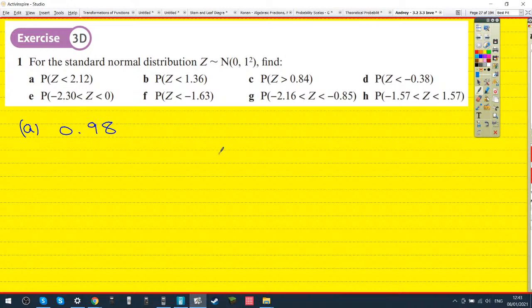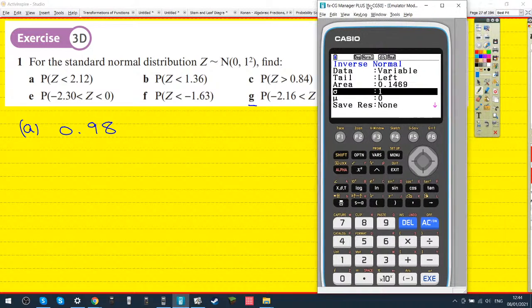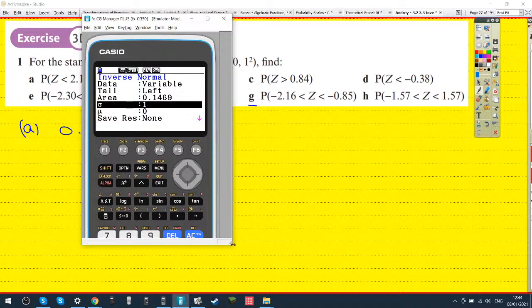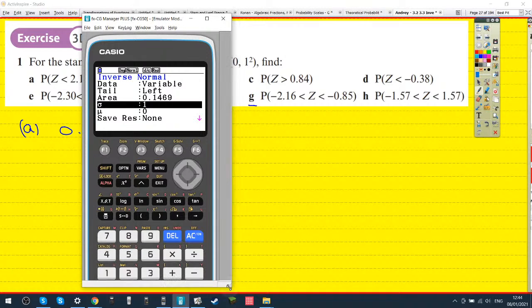You could, if... let's look at G. Let's do G instead. You could do it in 2 separate goes, and if you didn't have a graphical calculator, the answer would be yes, but you do. So I'm not using inverse distribution here.